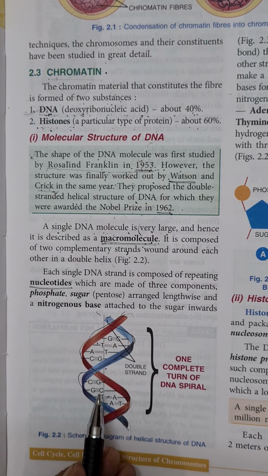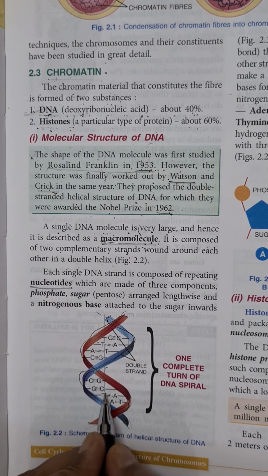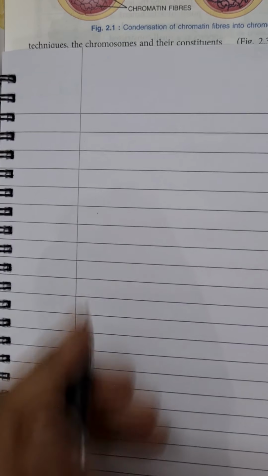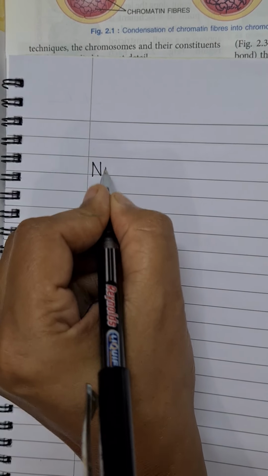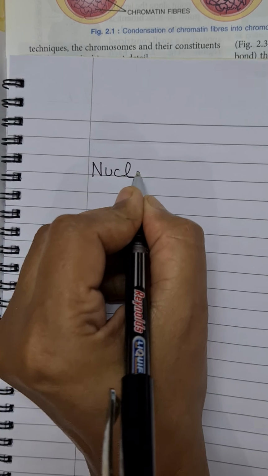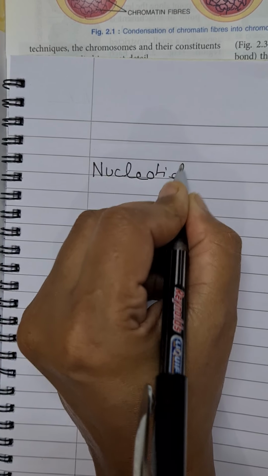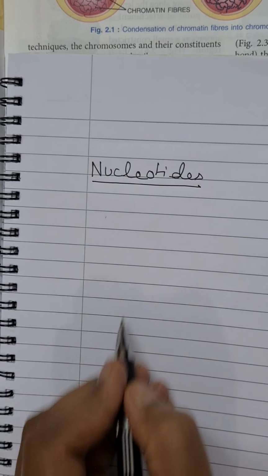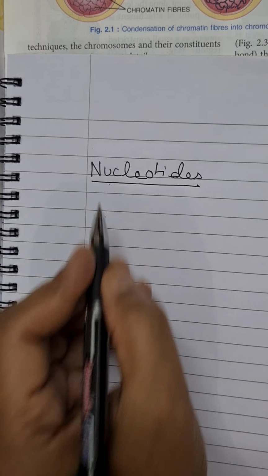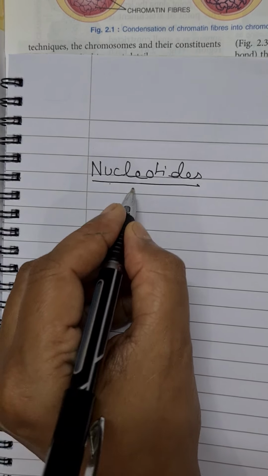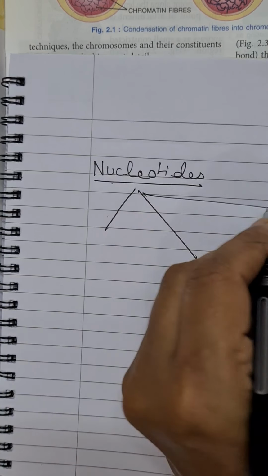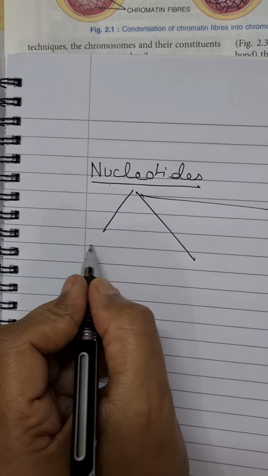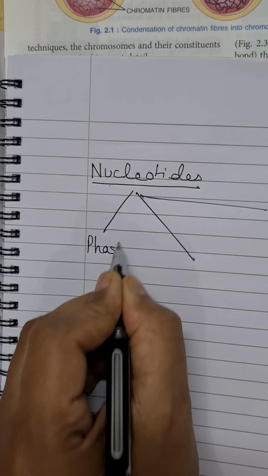Now each strand of DNA is made up of repeating units called nucleotides. So each strand of DNA is made up of repeating units, nucleotides. Now each nucleotide has three components in it. The first one is phosphate.